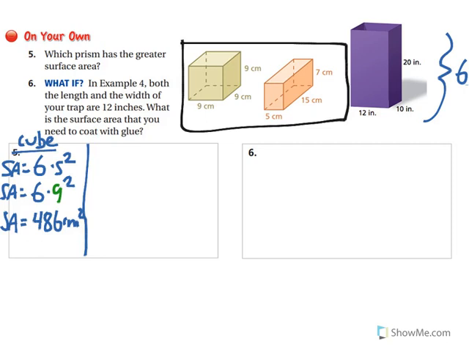And for my other one, the rectangular prism, I'm going to write down surface area equals 2LW plus 2LH plus 2WH. I'm going to plug in my information. Again, I'm going to identify this 5 as my length, the 15 is my width and the 7 is my height.